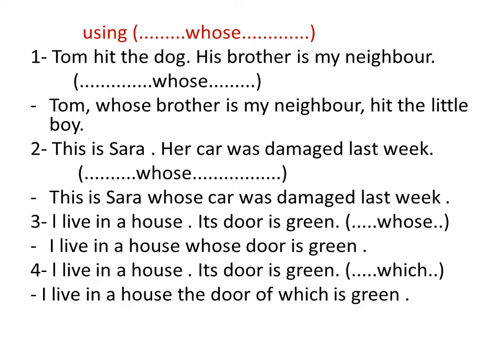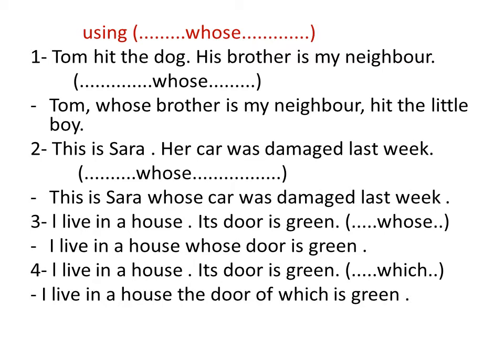But take care, my dear students, that we will put whose as a relative pronoun after the noun Tom, from which we omit the possessive adjective his. So the answer will be, Tom whose brother is my neighbor hit the little dog.